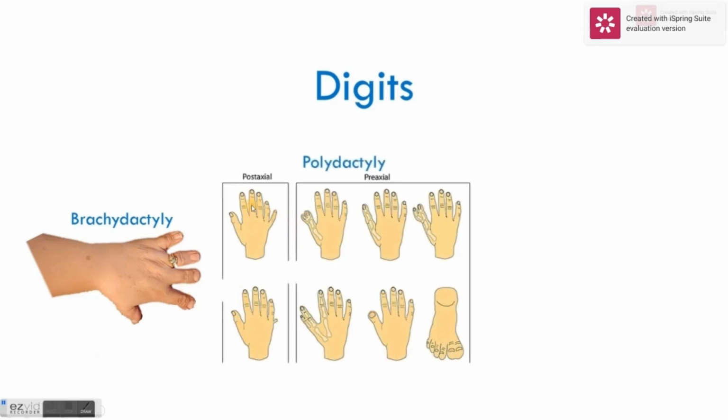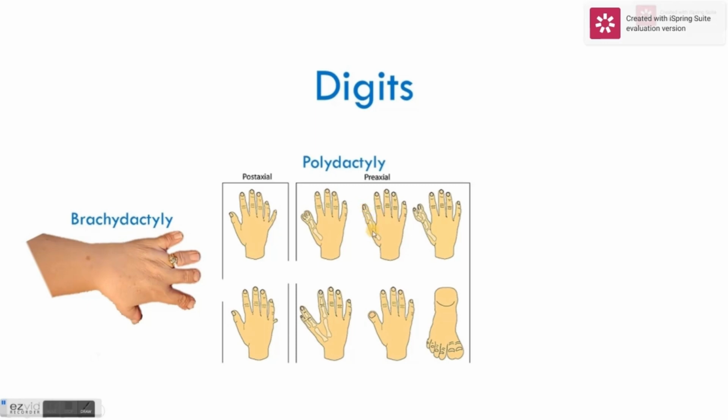Polydactyly is divided as post-axial, that means the extra digit is on the lateral aspect of the hand or foot. This is called post-axial. If it's in the thumb, this is called pre-axial polydactyly. Sometimes it's a digitalized thumb like this. This is a digitalized thumb. It looks like a digit.